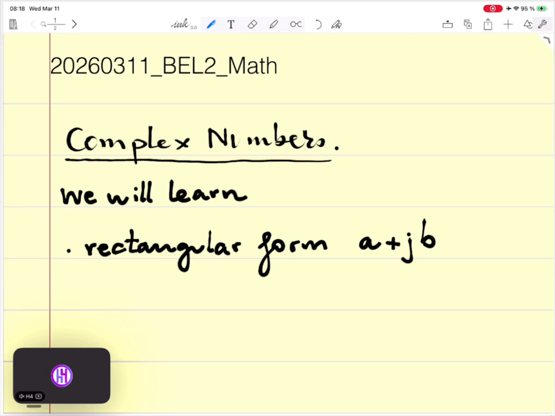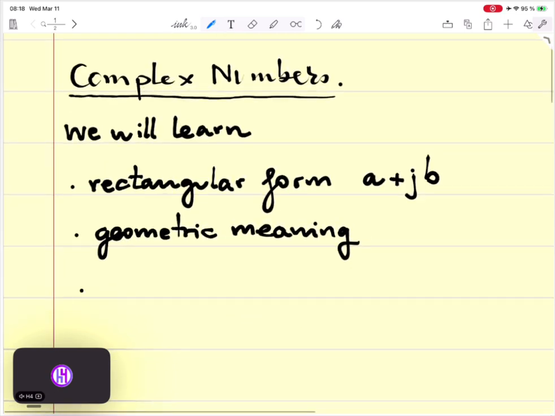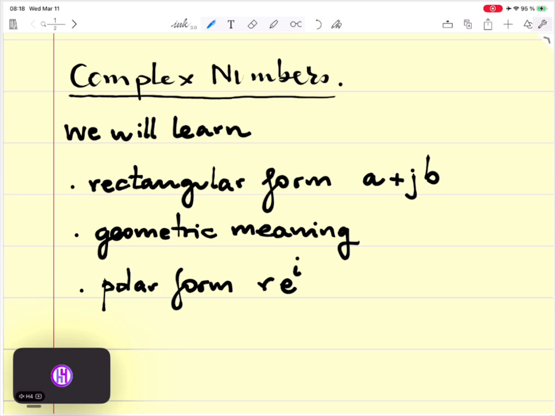Its geometric meaning. We will learn the polar form, which is r... Sometimes I use i, but I will try to use j. This is the engineering way.